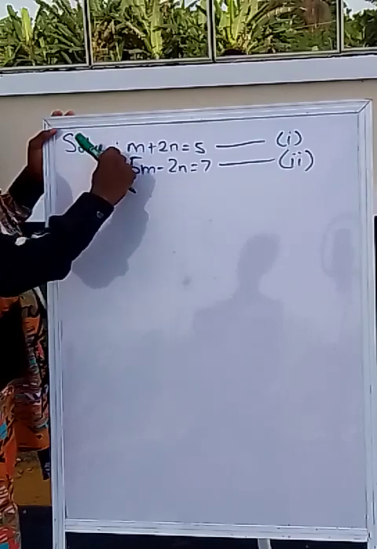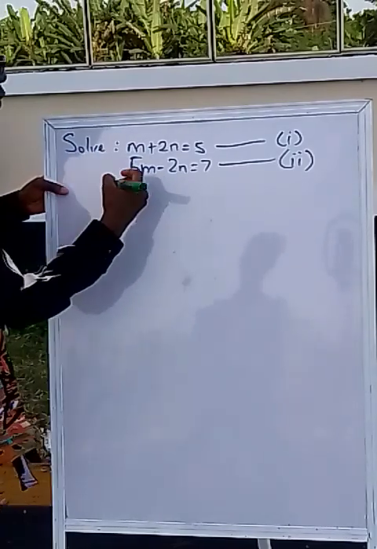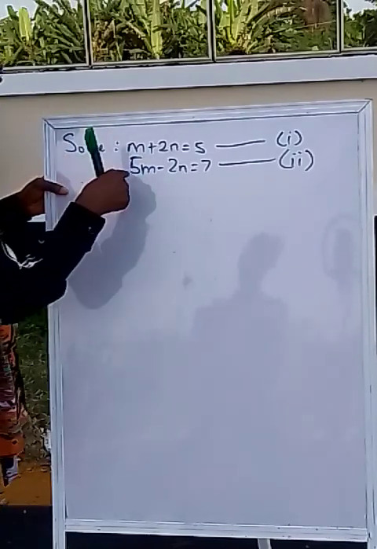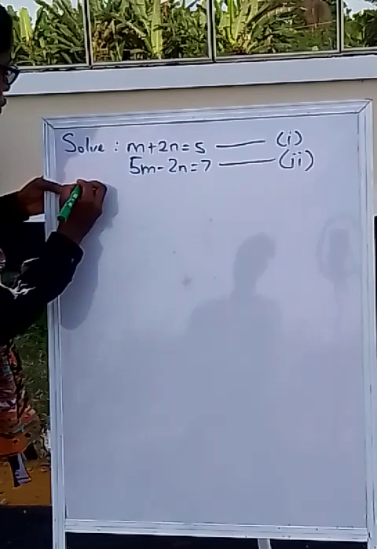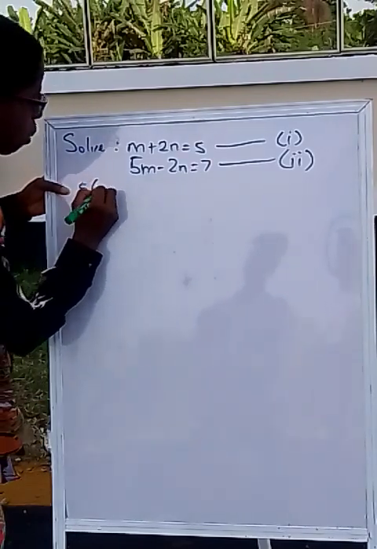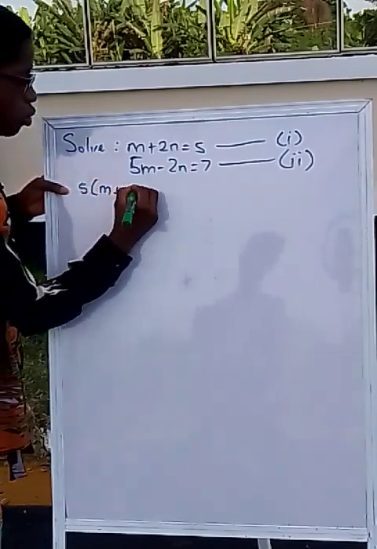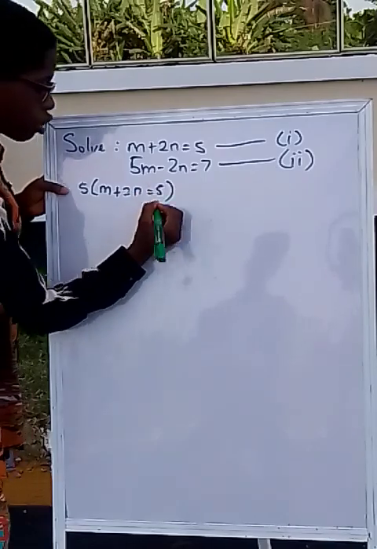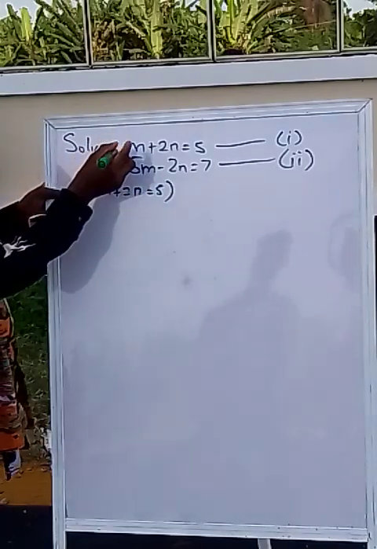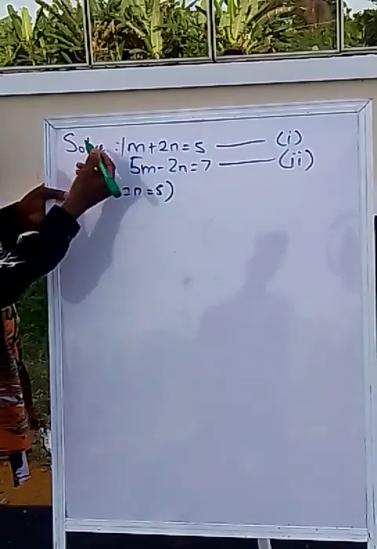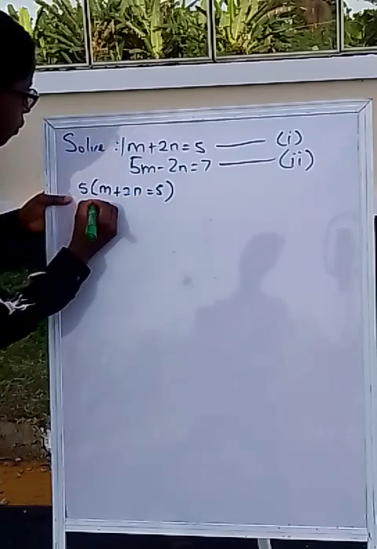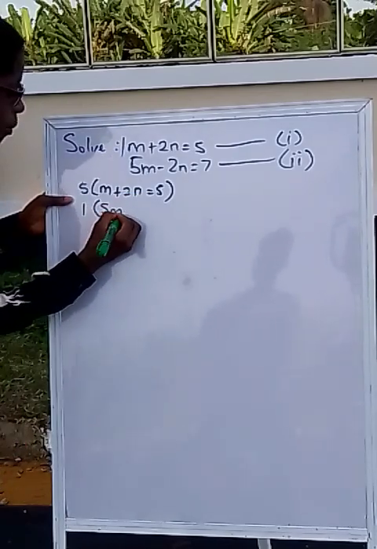When we do that, the coefficient of m in equation 2 is 5. So we have 5 open bracket m plus 2n equals 5 close bracket. Then the coefficient of m in equation 1 is 1, but it's not written. So we have 1 open bracket 5m minus 2n equals 7.